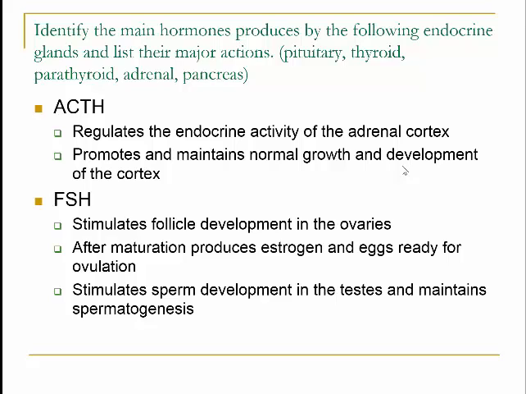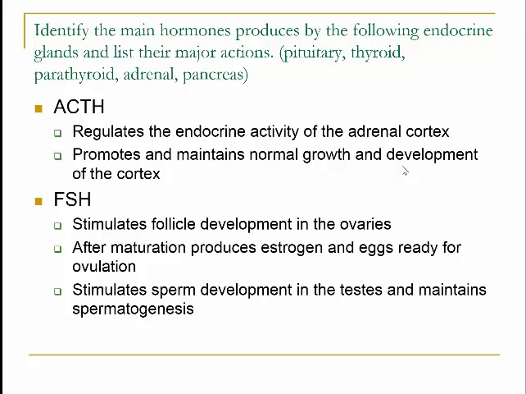Follicle stimulating hormone stimulates the follicles to develop in our ovaries so that we can produce eggs for maturation. Once a woman matures, the follicle stimulating hormone helps produce estrogen and gets the eggs all ready so that they can be ovulated every month.